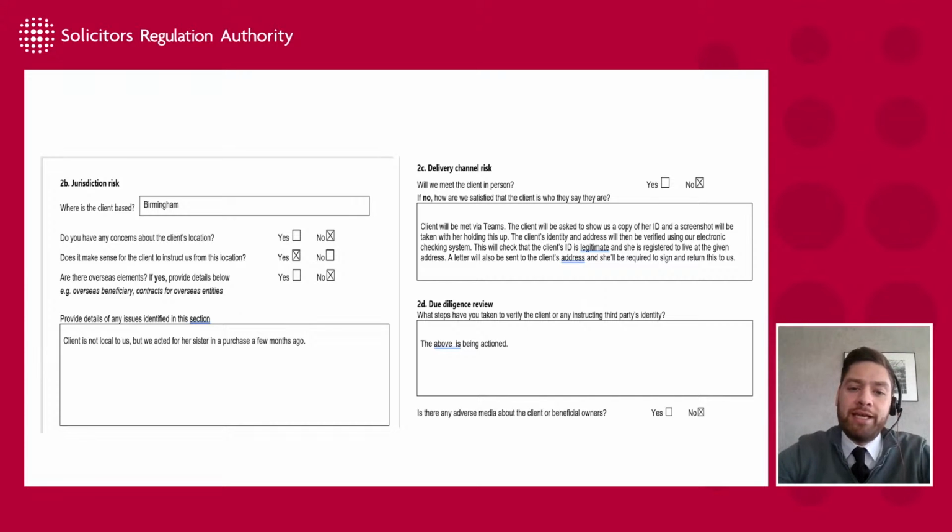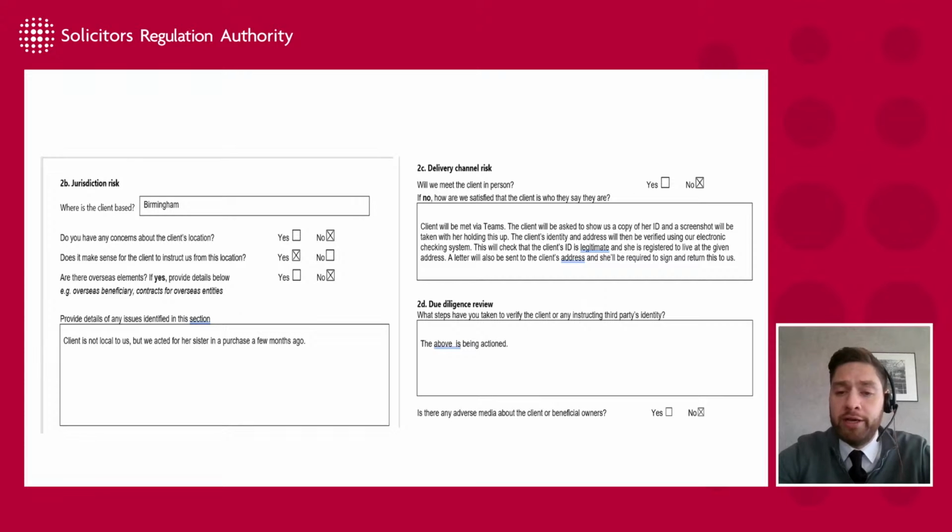The idea of this section is for you to consider the initial risks during the very early stages of the client relationship. For example, following a conversation with the client where they've made it clear that they will instruct the firm. The prompts are there to help you consider whether there are any initial risks connected to the client. In the scenario that we've provided, the client is based in Birmingham and our firm is based in Bristol.